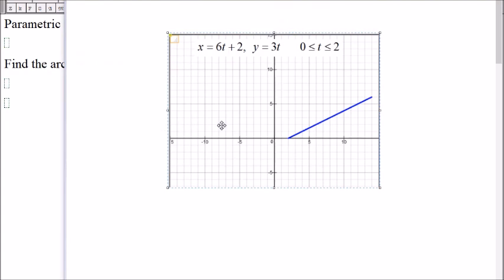And on the graphing calculator, when we graph this set of parametric equations, this is what the graph looks like. This is from 0 to 2.